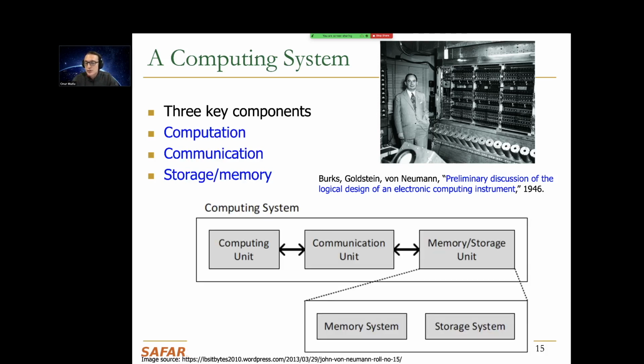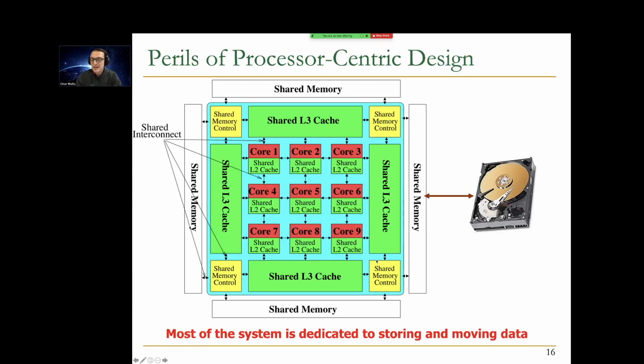Over the course of 7 decades or more, we've heavily optimized the computing units. We actually do a lot of very interesting and very sophisticated things in the computing unit to maximize performance, maximize energy efficiency. But this came at the expense of mostly ignoring what remains off the computing unit, which is the communication and memory and storage units, to a first order, of course.